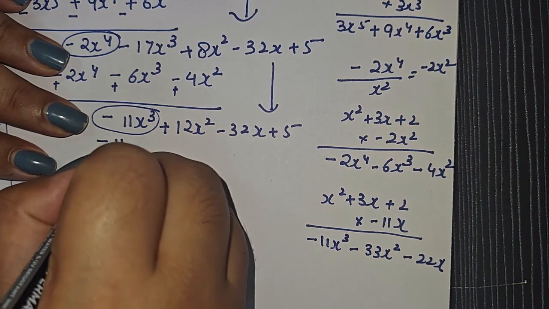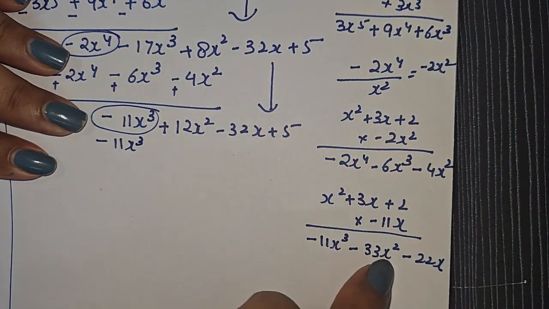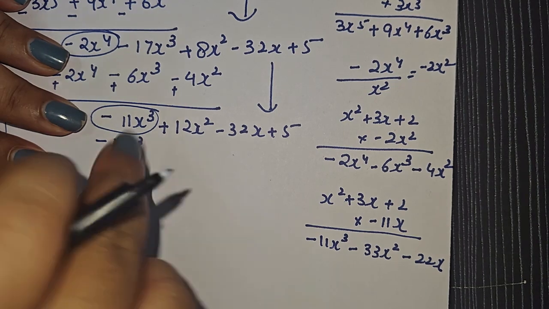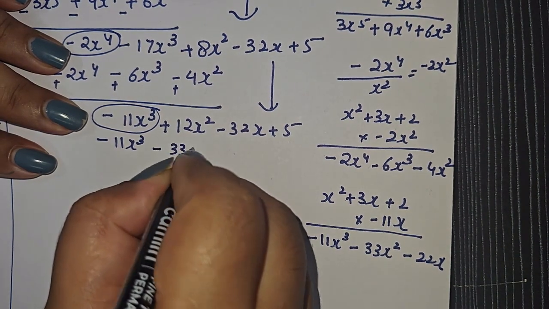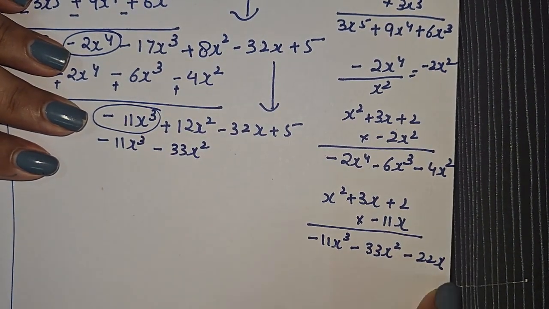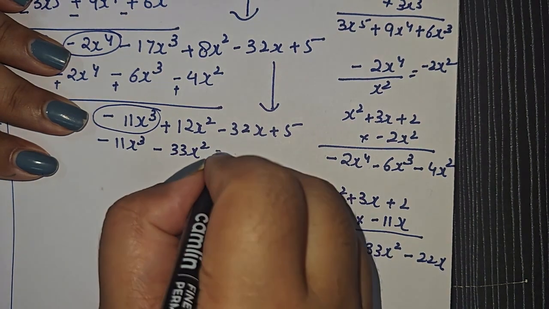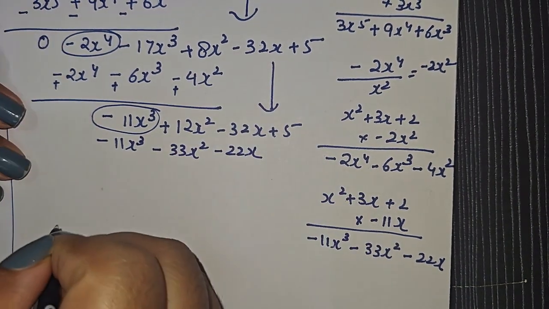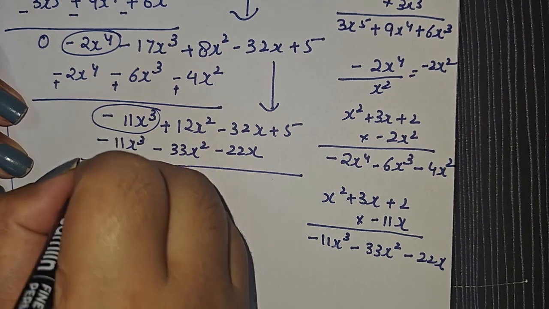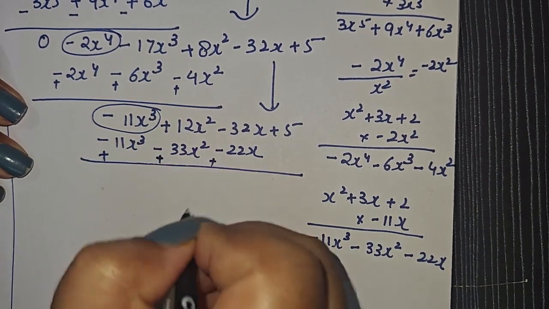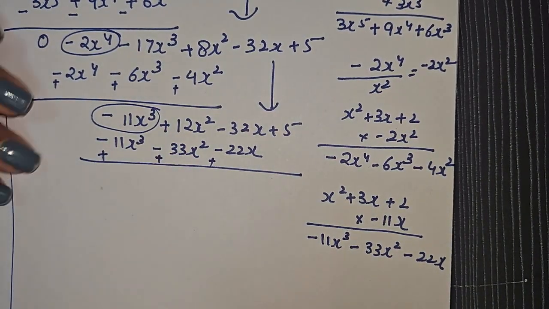Replace it here. x to the power 3 here, so it will be minus 11x to the power 3. This is x square, so we will replace it here. Then we have x, so minus 22x. Change the signs. This one will be cancelled out.